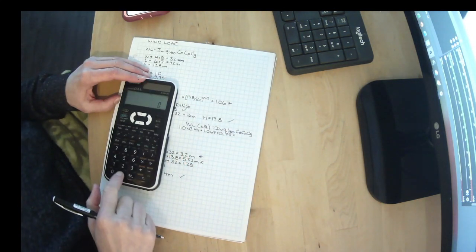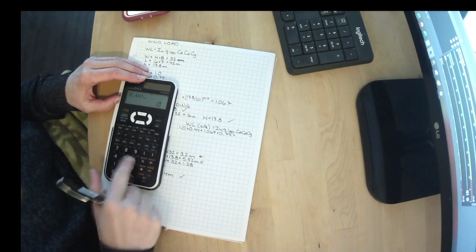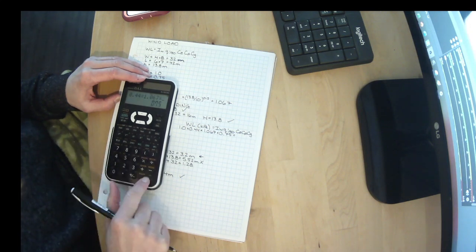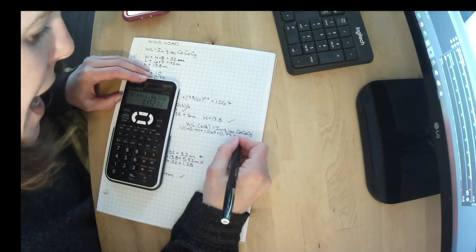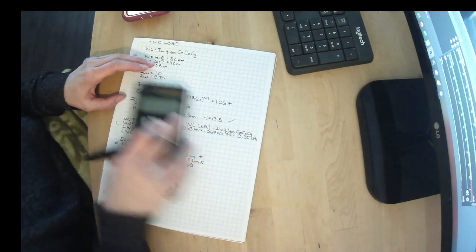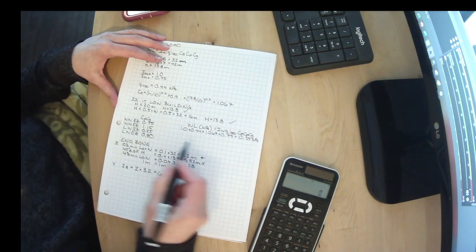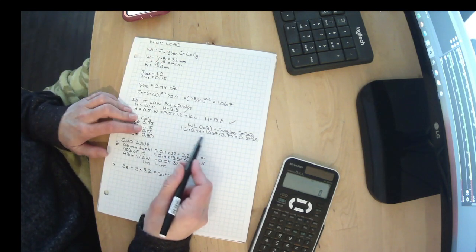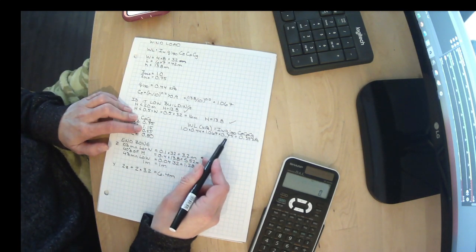So let's calculate that out. We get 0.44 times 1.067 times 0.75. We get 0.35 kPa. Let's do that for all of these, where the only thing that's changing is our CpCg.